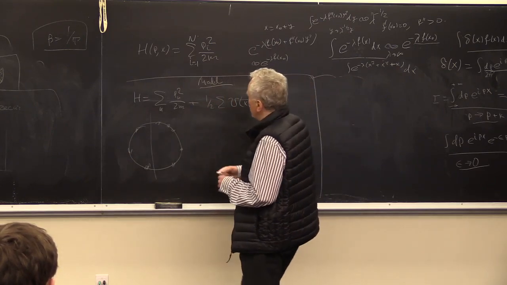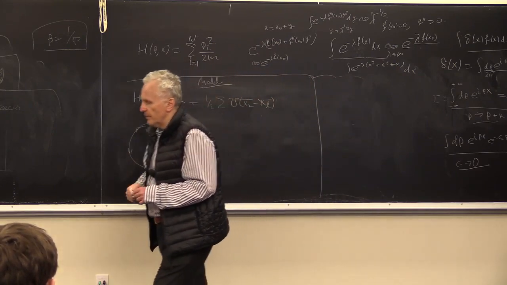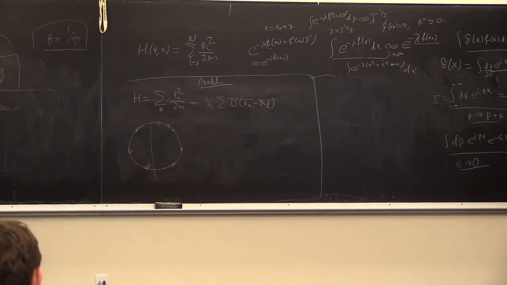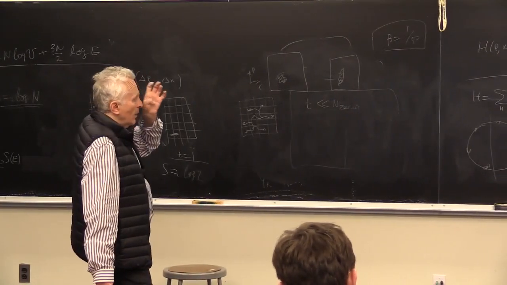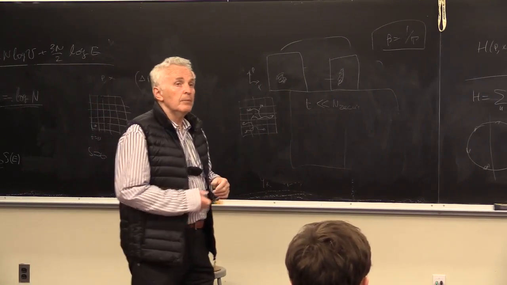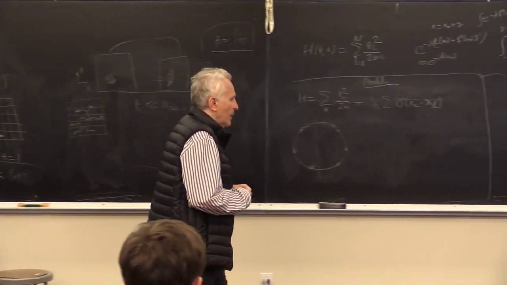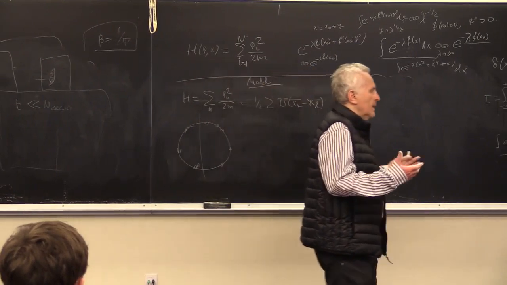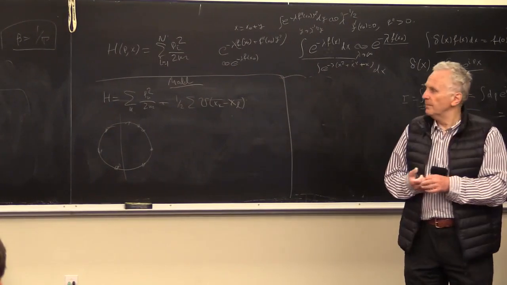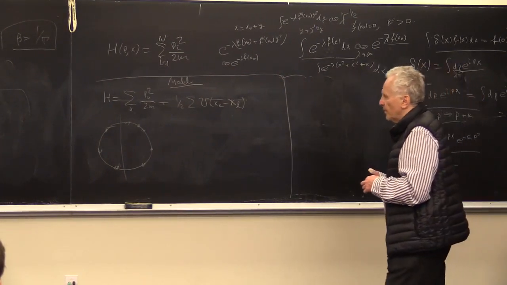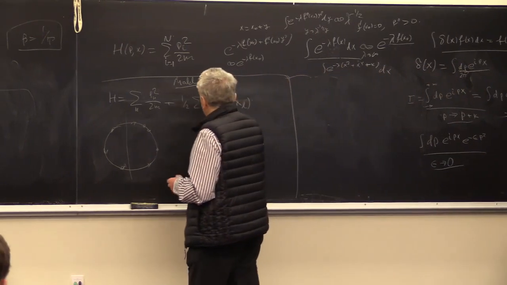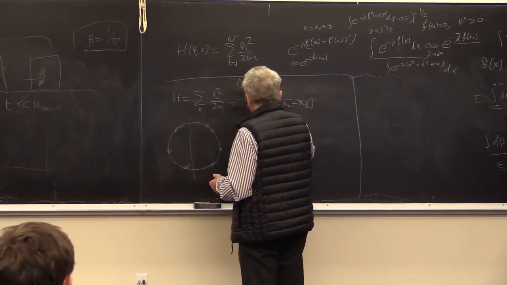Let's assume that all particles are repelling each other. The first question we will ask is, what is the equilibrium? Is there some mechanical equilibrium for these particles? Yes, that's clear.